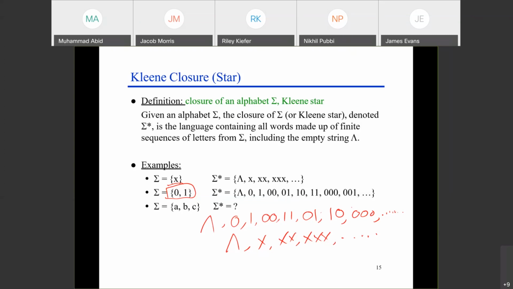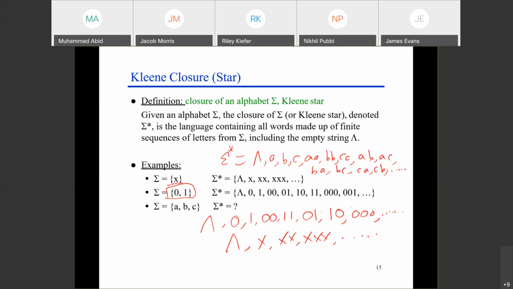If you have sigma equal to ABC, then our language is sigma star, which equals lambda and all possible combinations: A alone, B alone, C alone, A with itself, B with itself, C with itself, A with B, A with C, B with A, B with C, C with A, C with B, and then move to the three-letter words and all possible permutations.